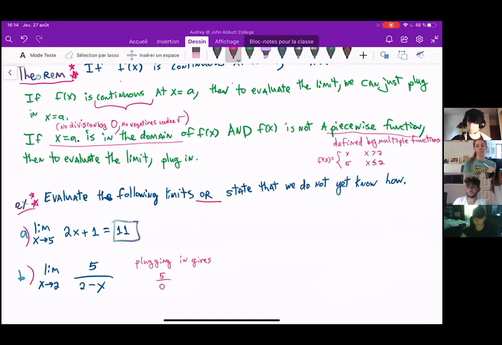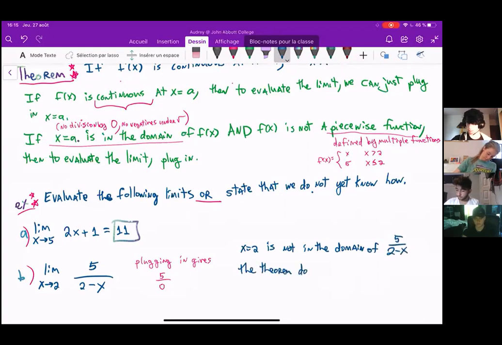Yes. So is 2 in the domain of this function? No. So the theorem does not apply. We don't know how to do this yet.